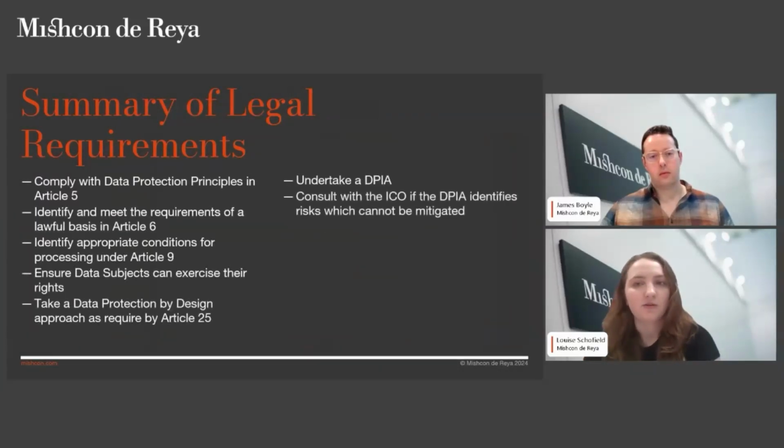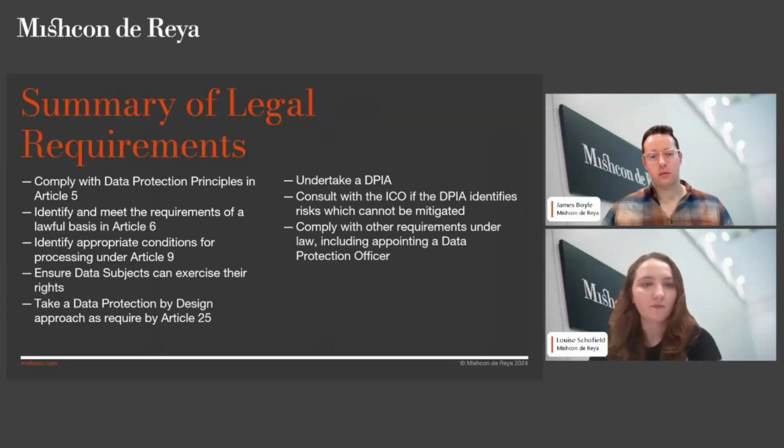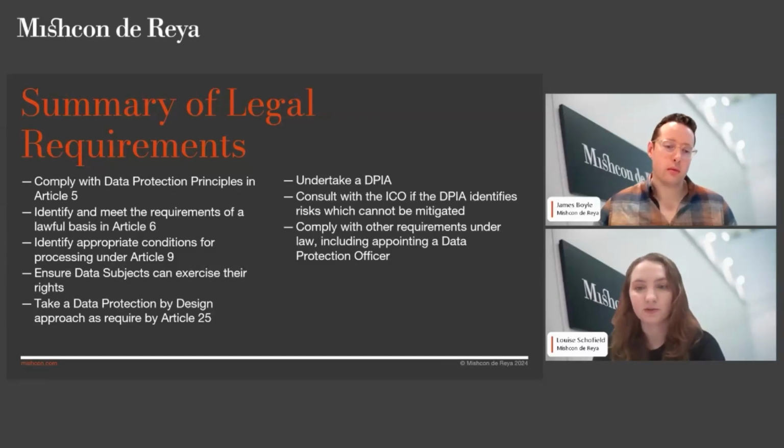So the ICO also summarise some of the legal requirements that they suggest that you take, which we've included on the slide. I don't propose to go through them all, but they are very important, and they are of a theme. So compliance with the data protection principles is very important.